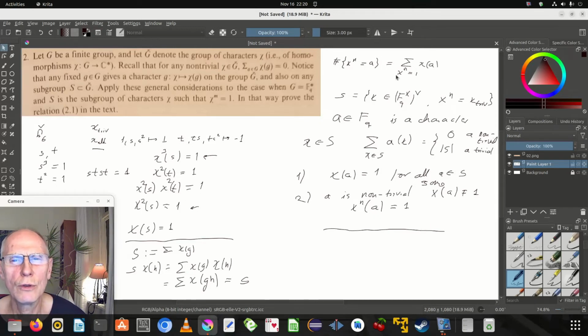I wonder too, this always has the trivial character as a solution giving unity. So there might not be another one, might there? Oh, but I guess in that case x maps to x to the nth is 1 to 1, so that there will be a solution.